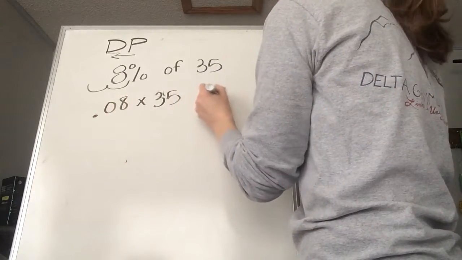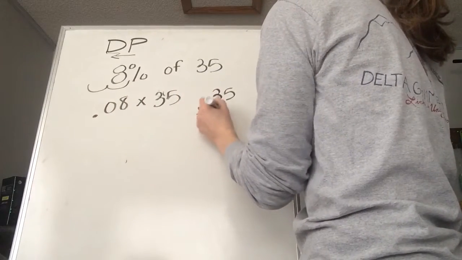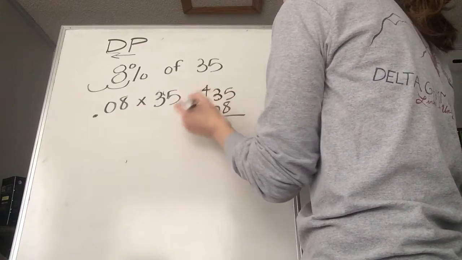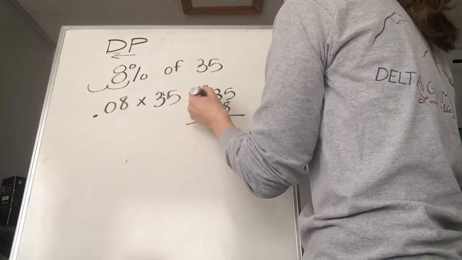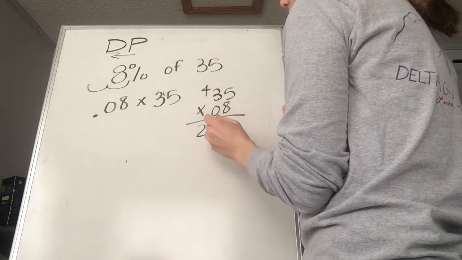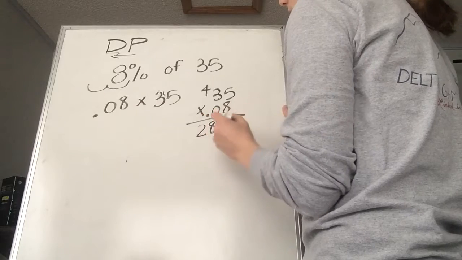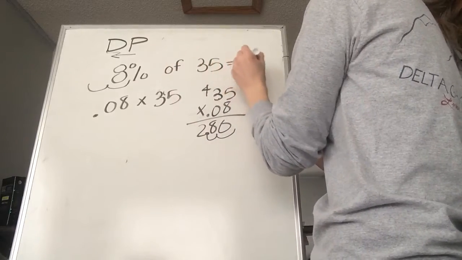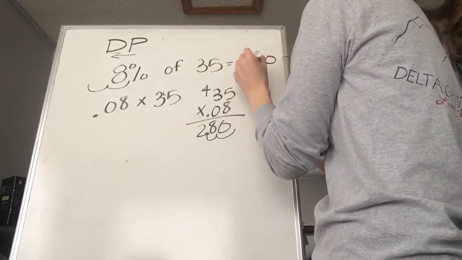So we're multiplying it by 35. So 35 times 0.08. 8 times 5 is 40. 8 times 3 is 24. Plus 4, 28. And 2 numbers behind the decimal. So 1, 2. So 8% of 35 is 2.80 or 2.8.